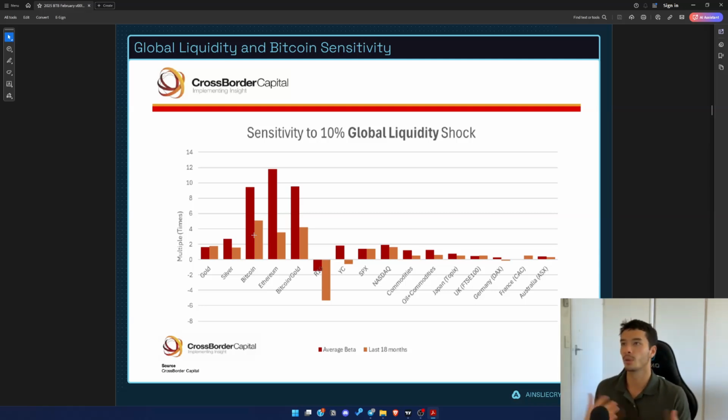So let's say global liquidity as a ballpark number was $1 trillion. 10% of that is 100 billion. That's what it means by 10%, and every 100 billion correlates to an increase of 5x in Bitcoin. Now, I'm not saying 100 billion is the number, but I'm just saying how much as a nominal value, what you could visualize it as essentially.